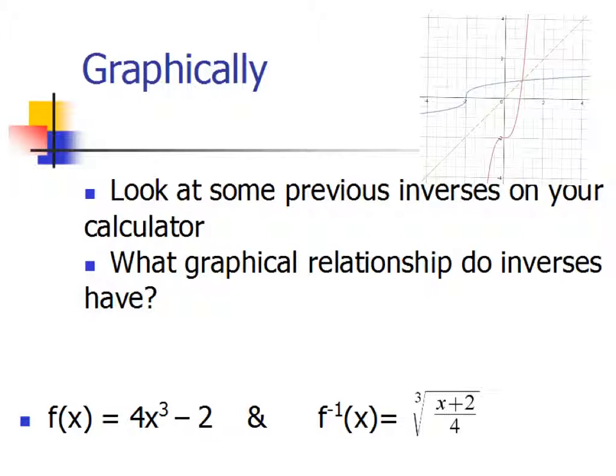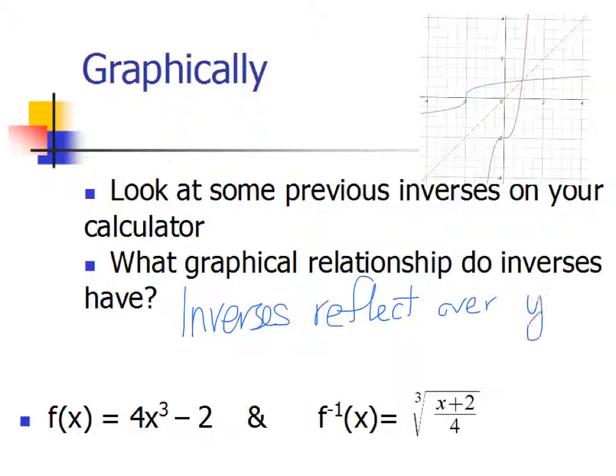Inverses will always reflect over the y equals x line. And that's something, if you have the graph of them, you can kind of tell if they're inverses that way. Now, that all has to do with the fact that you swapped your x's and your y's to find that inverse. It changes that graph nice and symmetrically.